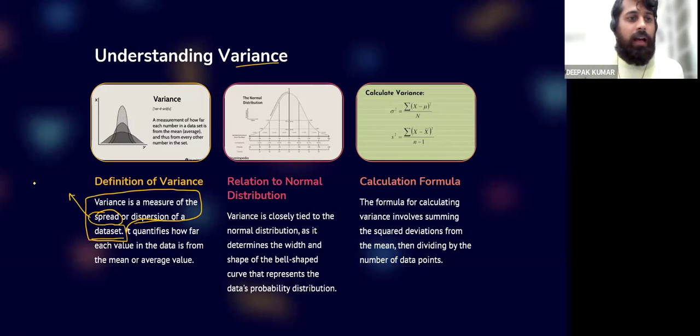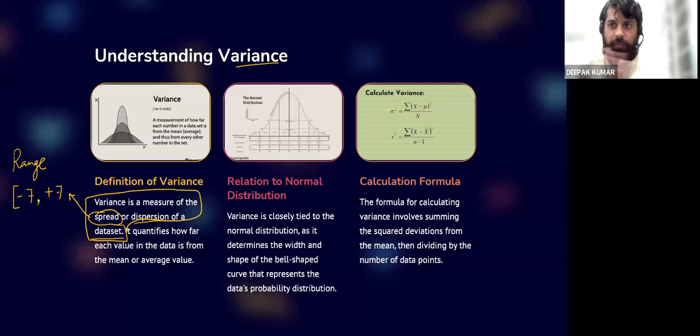The spread, if I remind you, we have studied the spread in terms of range. Do you remember the range of any function can be from -7 to say +7? Say this could be a range in which a function is changing.